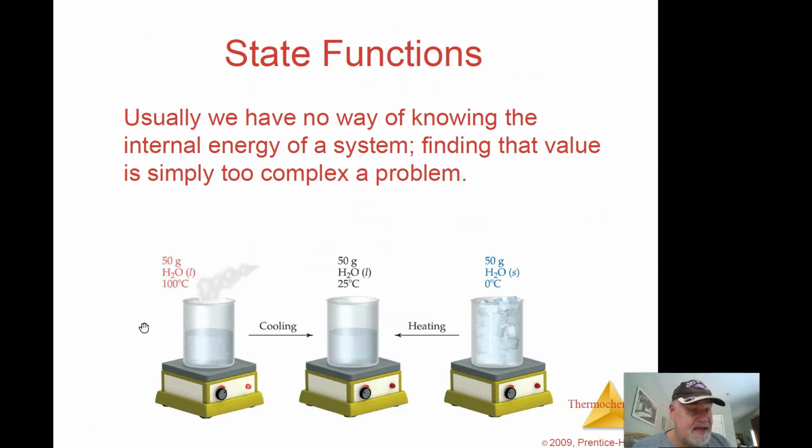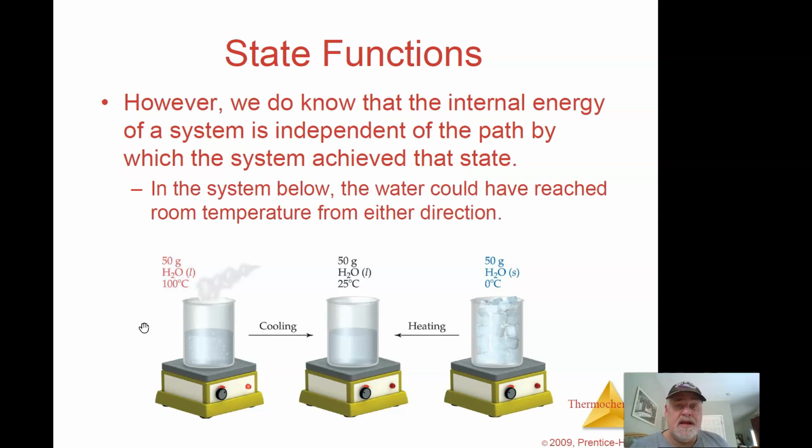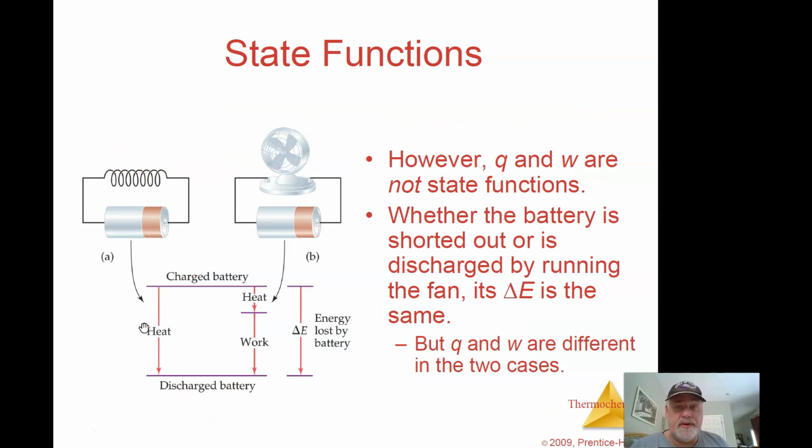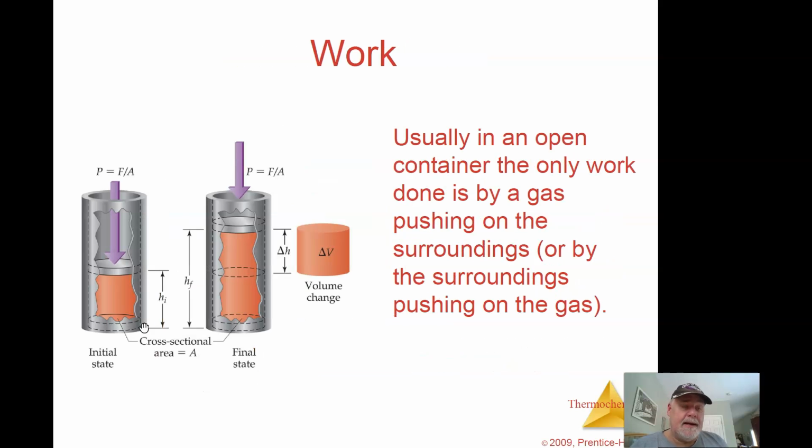We talked about state functions with Hess's law, so I'm going to plow through this stuff pretty quickly. This is the same diagram in your book. One little trick here is that work, when you're talking about a gas, can be related to pressure units, which of course is force per unit area.